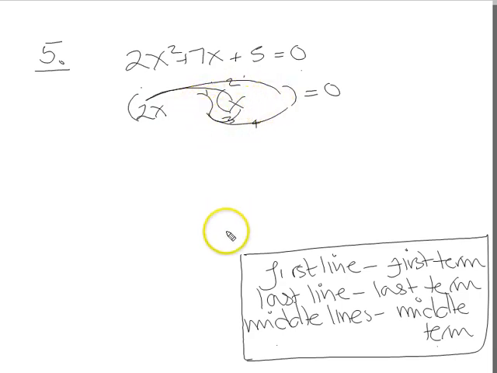Anyway, let's deal with the last line. Here's the next piece in the jigsaw. Last line, last term is a 5. So let's put 5 down. What possible combinations of numbers? What times what gives 5? Well, you've got 5 times 1. You've got 1 times 5.